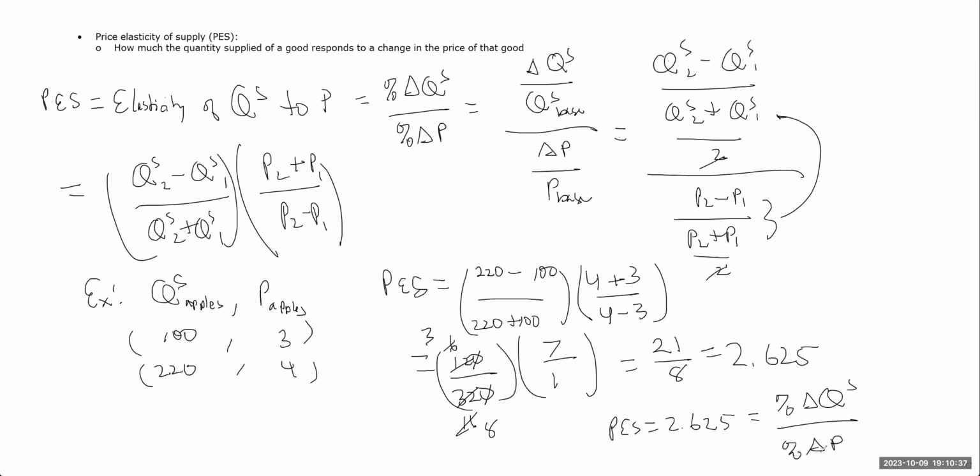Price falls by 100%, quantity supplied will fall by 263%. Price goes up by 10%, quantity supplied will go up by 26.25%. Okay, that's how you use this number.